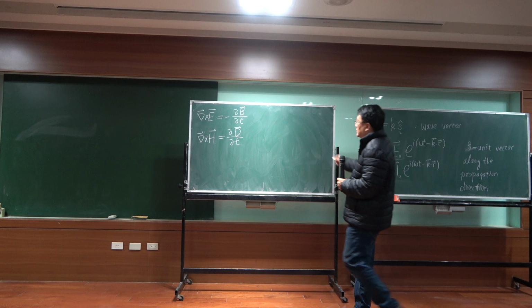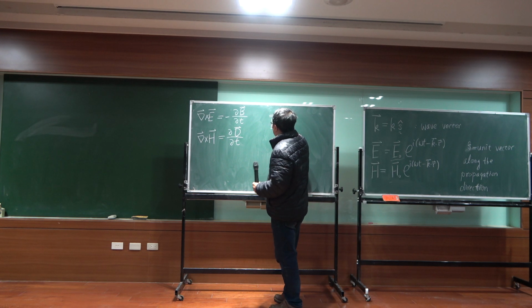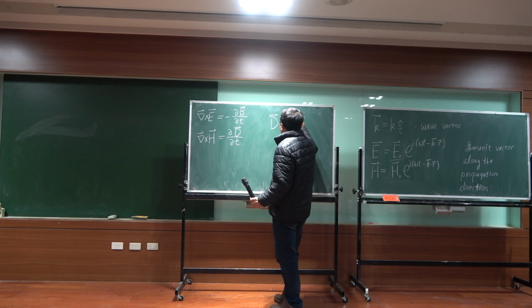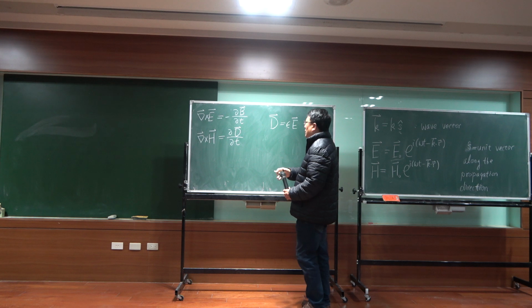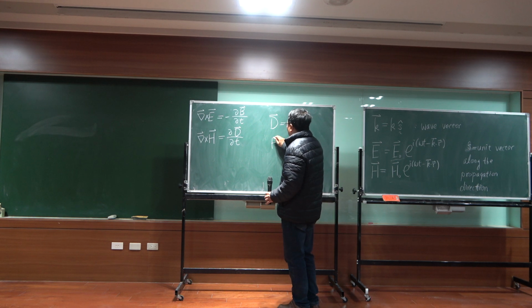And we know that D is epsilon times E, and B is mu times H.